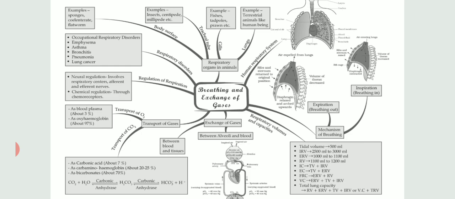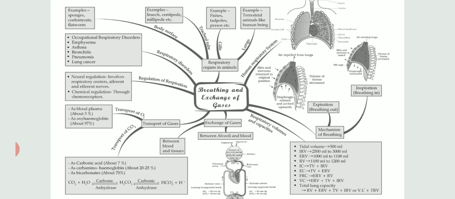Some use gills, like fishes and other aquatic animals that are taking dissolved oxygen. Others can use simply lungs, such as terrestrial animals like human beings. Then, tracheal systems are used by insects, centipedes, millipedes, and some use their skin as an exchange organ for gases.